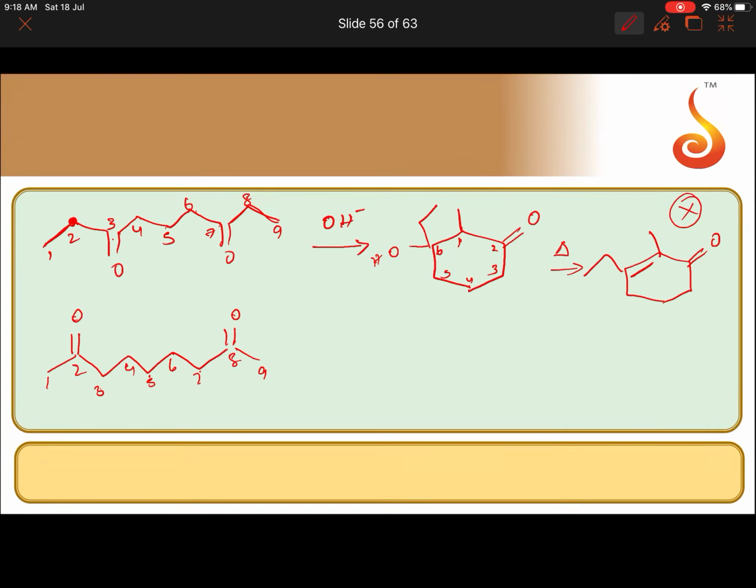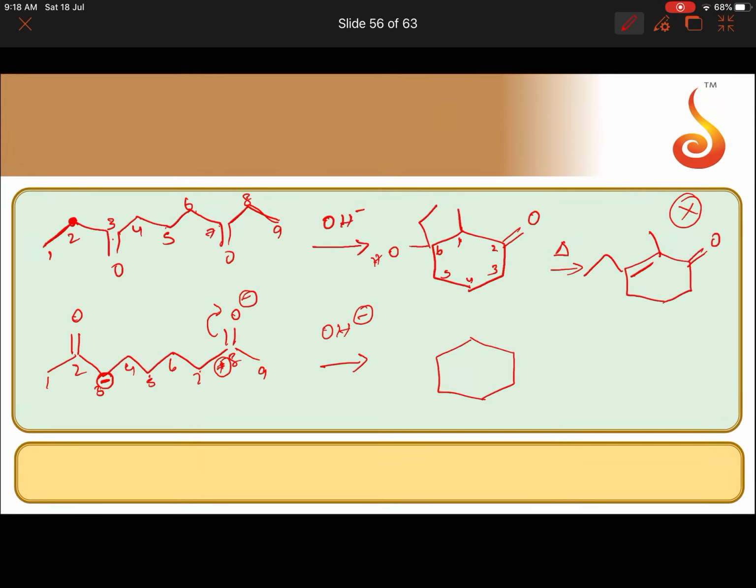You will get a 1, 2, 3, 4, 5, 6-membered ring. Abstract hydrogen from the third carbon atom, and the third carbon atom will form a bond with the 8th carbon atom. So what will I get? A 6-membered ring I will get.